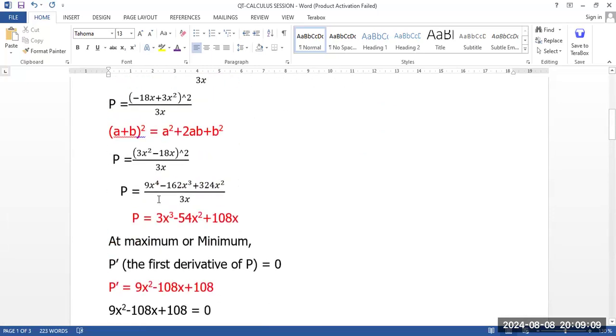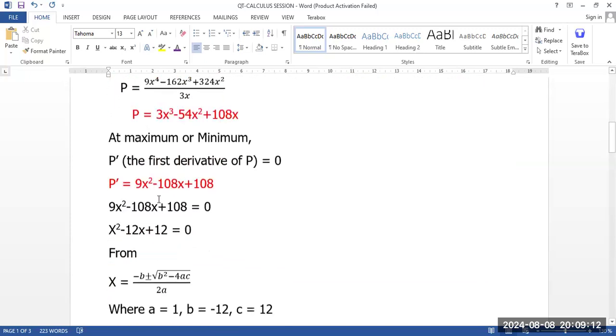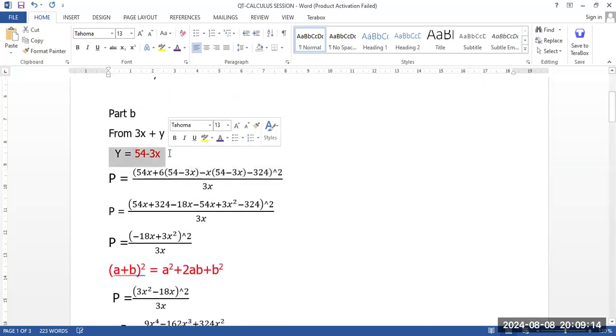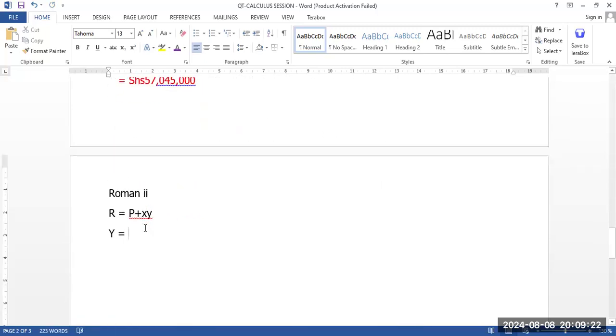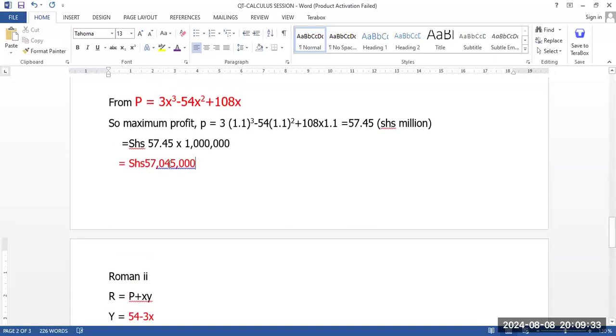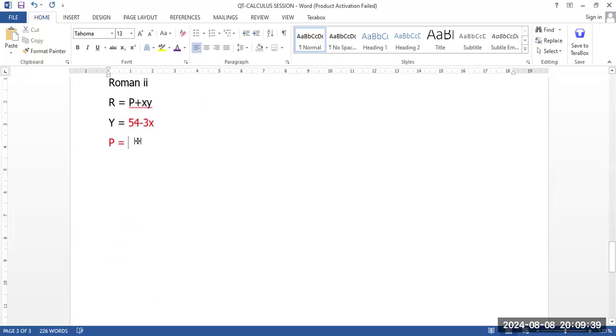In terms of X, this is our Y. And what is P? What is your maximum profit? It is this one. It is 57.45. That is shillings in million.